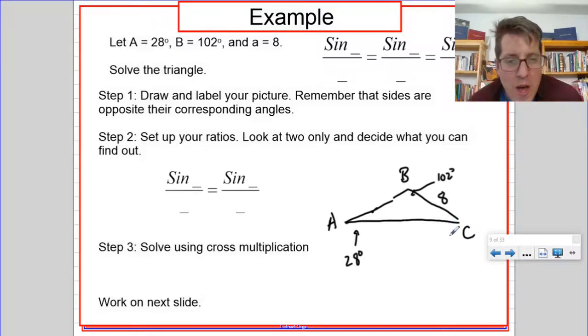Now, you do have enough information to say that this is a 50-degree angle? So you might as well label that when you've got the chance.